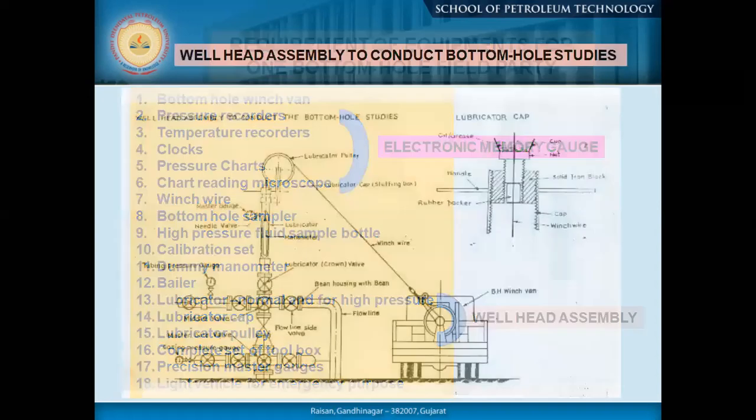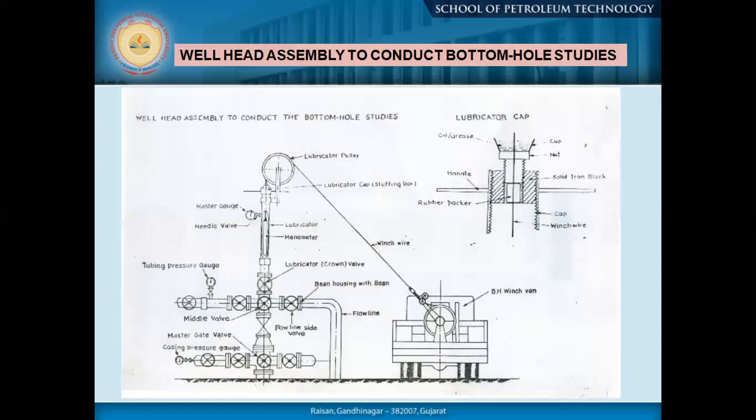Next is this set. If you see the left side, you have everything up to the lubricator crown valve. This is already there above your well. This is the well head assembly. Above the lubricator valve, all of it you need to carry. The truck, as well as the pulley and the lubricator, everything you need to carry.